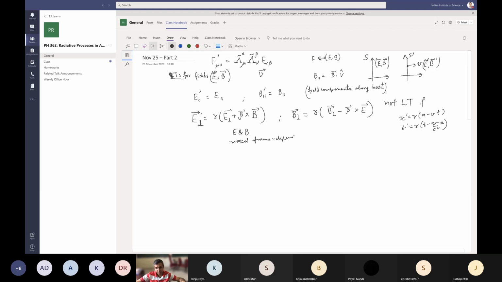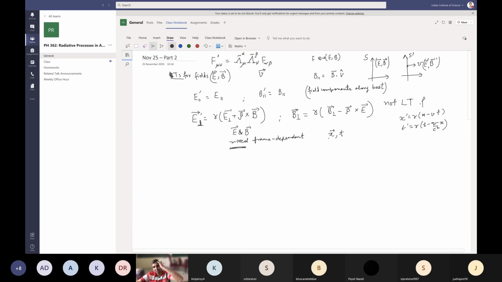Just like space coordinates x and t get intermixed for particles traveling close to the speed of light, similarly E and B get intermixed for fast moving particles. So you should really think of electromagnetic fields rather than electric fields or magnetic fields in general.